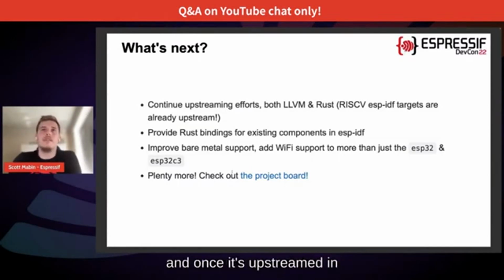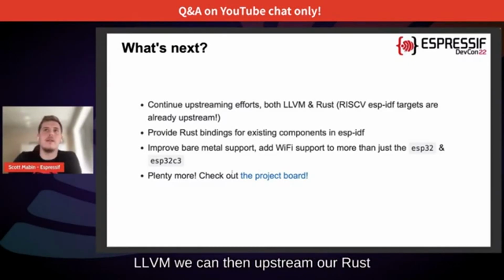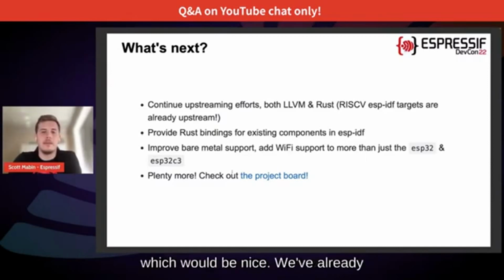And once it's upstreamed in LLVM, we can then upstream our Rust patches, which will be nice. We've already upstreamed our RISC-V based patches because RISC-V is already supported in upstream Rust. So it's just the Xtensa stuff to do.